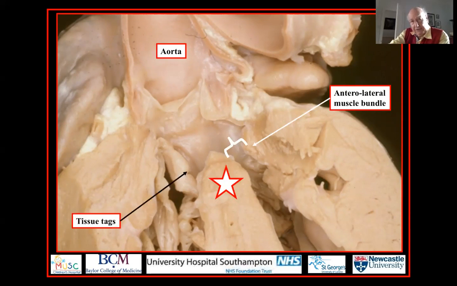And there you see tissue tags blocking the right ventricular entrance to the overriding aortic root.